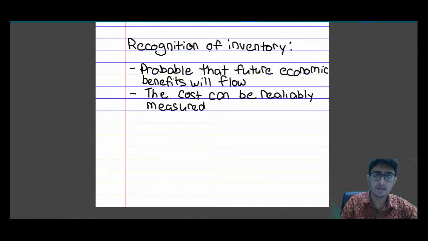Okay, now this is how we are going to recognize our inventory. It must be probable that future economic benefits will flow. In simple terms, this means that there's a good chance, or you can say a chance which is above 50%, that we are going to receive income from our inventory. And the other one is the cost can be measured reliably.